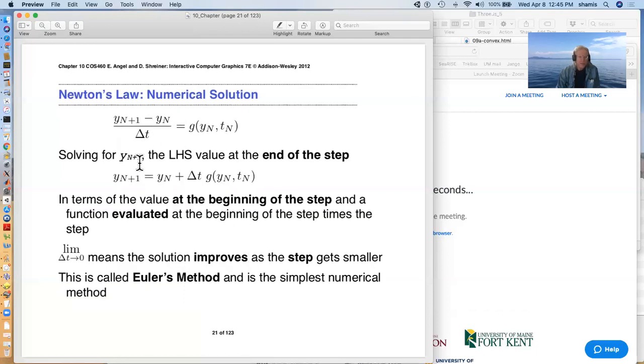So if I solve this for y n plus 1, I have now a recursion relationship where given its position at any time and the evaluation of this function g at that value of y and that value of t, I can step forward to another value at some later time step with this simple recursion formula. And this is called Euler's method.